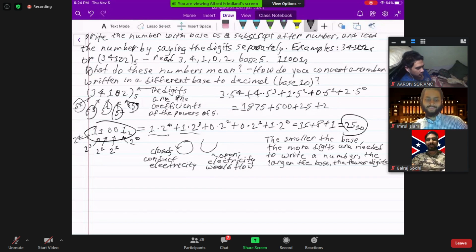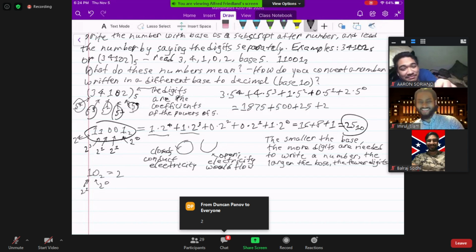For instance, what number is 10? So not 10, it's 10 base 2 is 2.